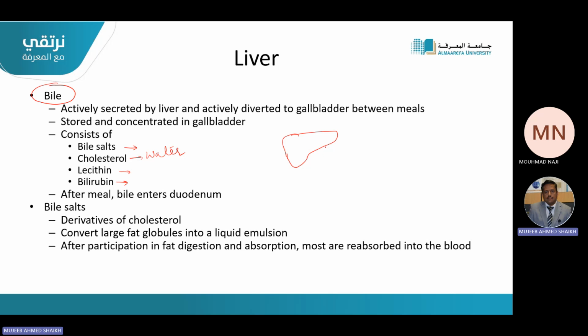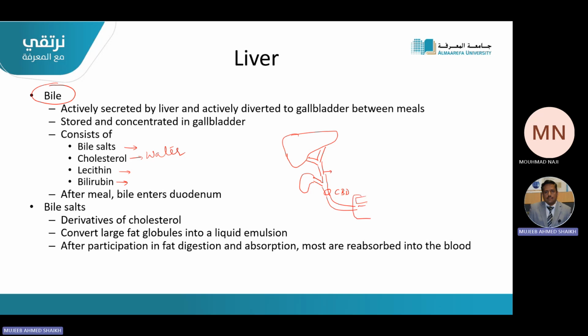This is the liver. It will give out bile through the right and left hepatic ducts, which come out as the hepatic duct, and then it will be joined by the duct from the gallbladder, the cystic duct. When the cystic duct and hepatic duct join, this leads to the common bile duct, CBD, and then it will open in the second part of the duodenum along with the pancreatic duct.